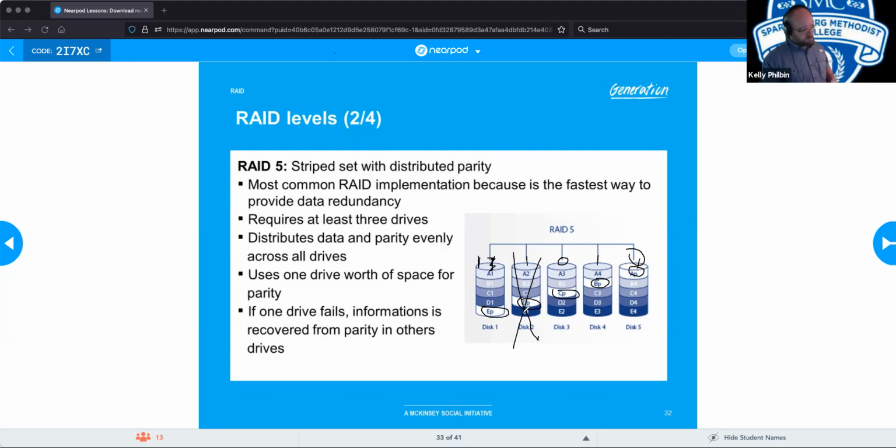Now, in preparation for the exam, I would recommend drawing out the various RAID arrays and how the data is distributed, and understanding this several times until you fully grasp it, because RAID can become confusing.